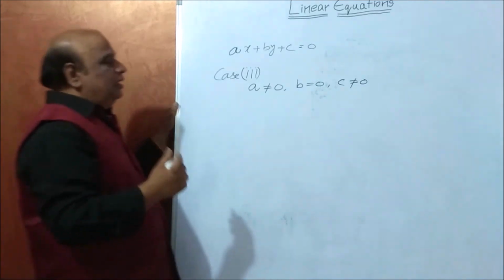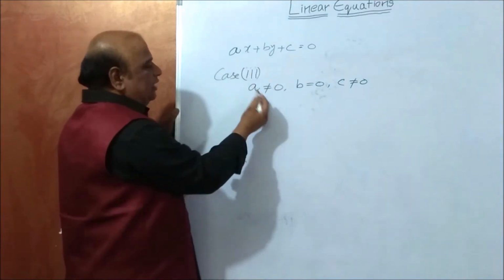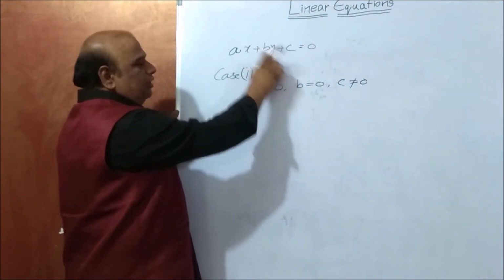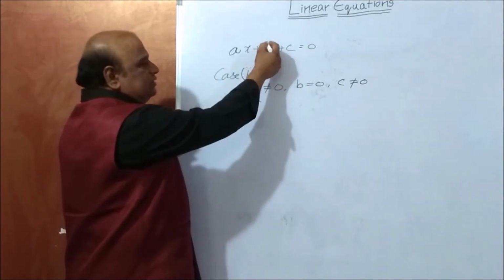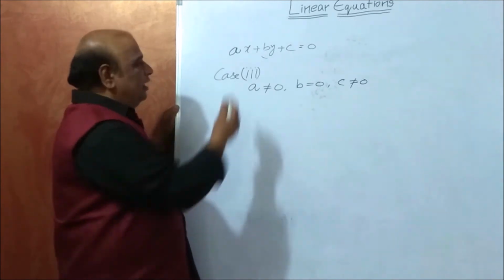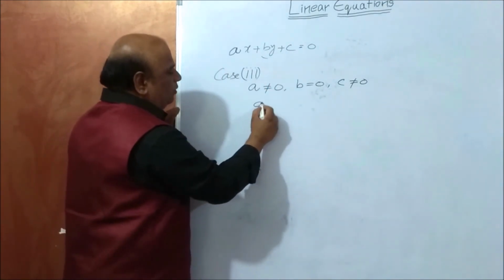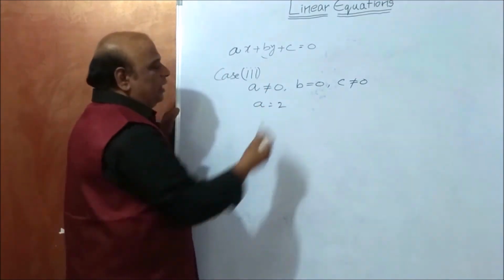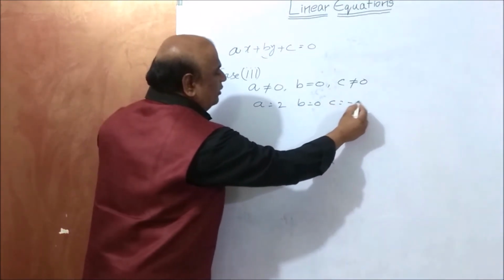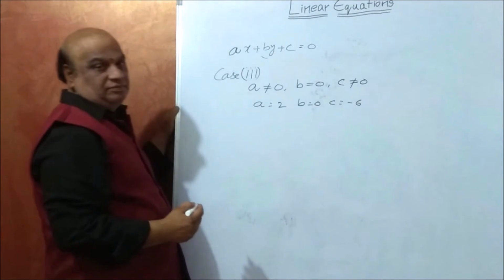Now in the equation, b is equal to 0 means instead of b you should take 0, so this term will be missed. Here a is equal to 2 and b is already 0, and c is equal to minus 6.